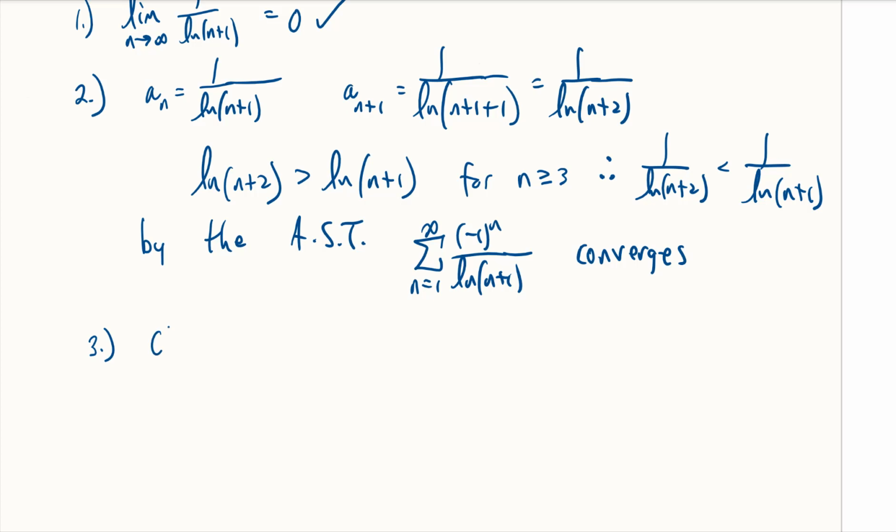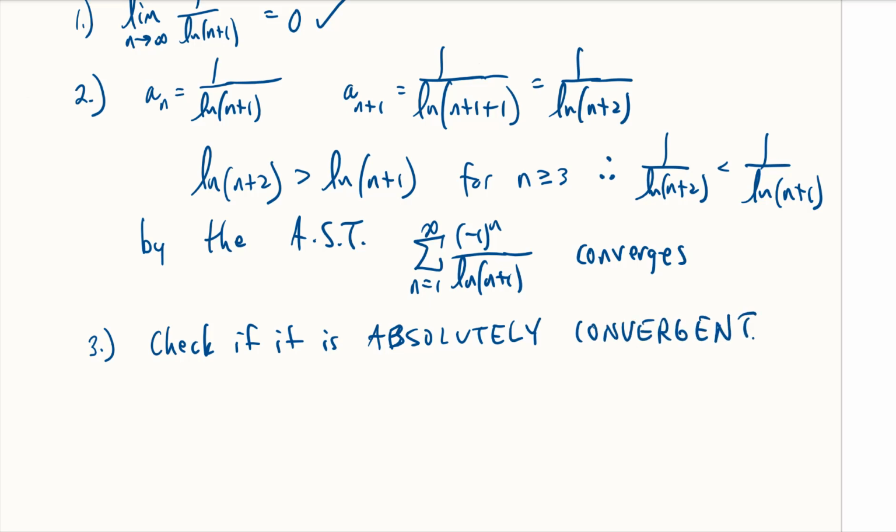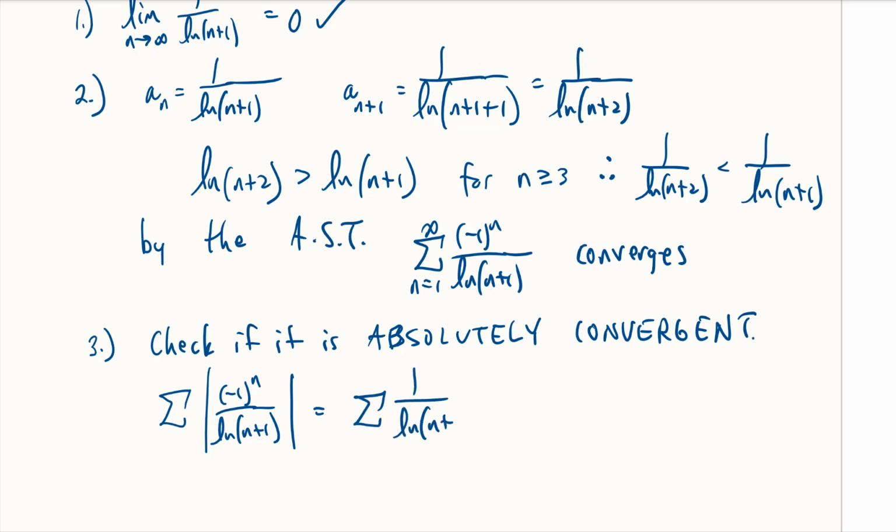So step 3 would be to check if it is absolutely convergent. Okay, here we go. If I slap absolute value on it, it turns into this infinite series, just 1 over natural log of n plus 1.